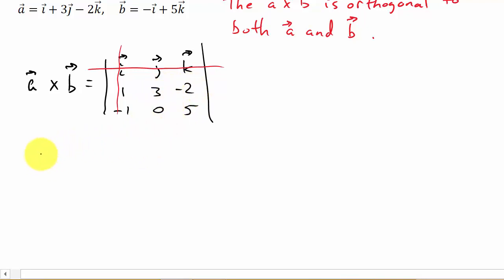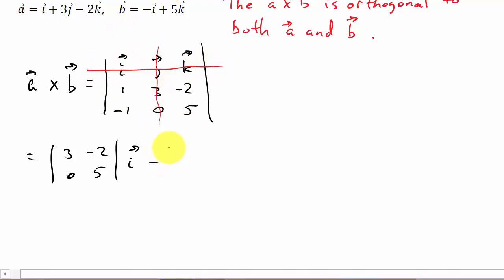So let's go ahead and write it out. That's going to be 3, negative 2, 0, 5 times vector I minus, remember the signs alternate. Alright, so now let's do away with the second column. So that's going to be the determinant of this 2 by 2.